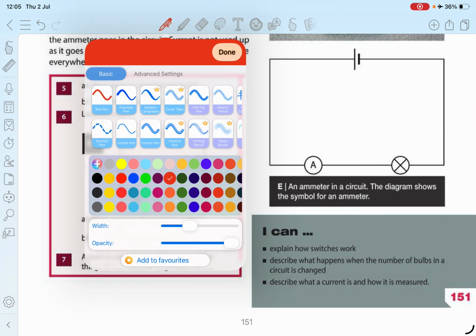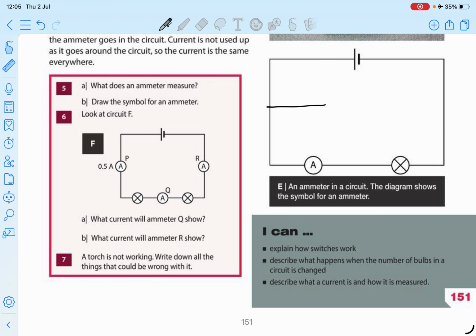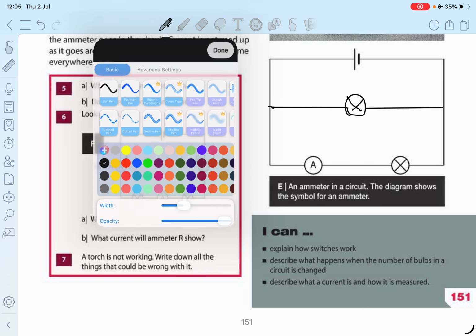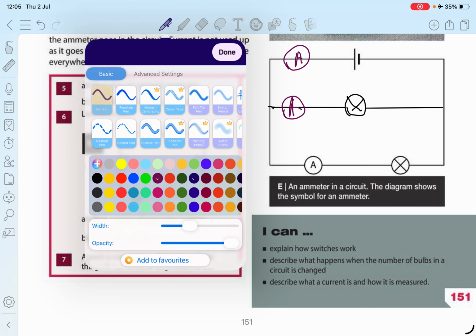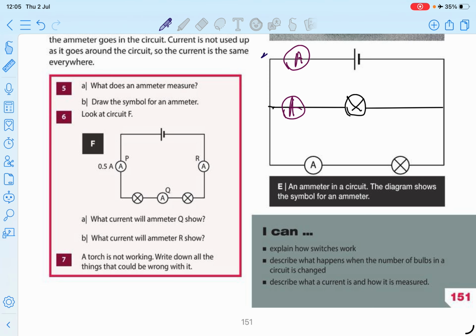Now I'll make a change here. This is connected, and this is another bulb. Now we need to connect an ammeter here, otherwise we cannot measure the current. Assume there are 20 amperes here.